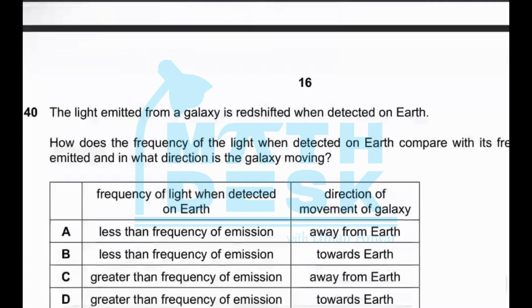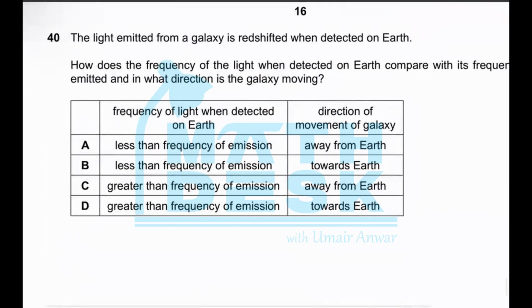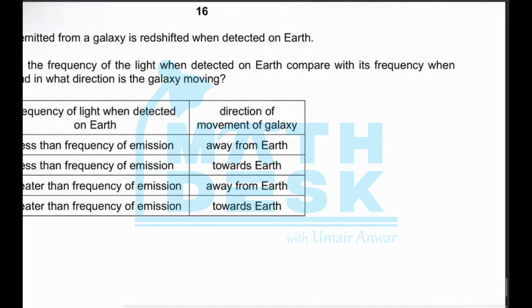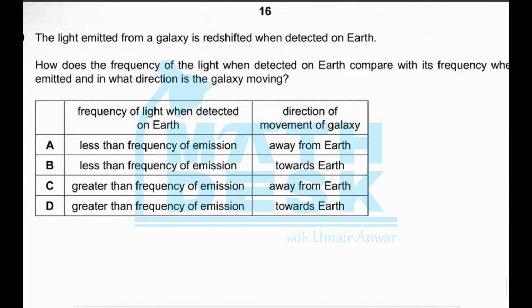Okay, the last question. The light emitted from a galaxy is redshifted when detected on Earth. How does the frequency of the light when detected on Earth compare with its frequency when emitted, and in what direction is the galaxy moving?